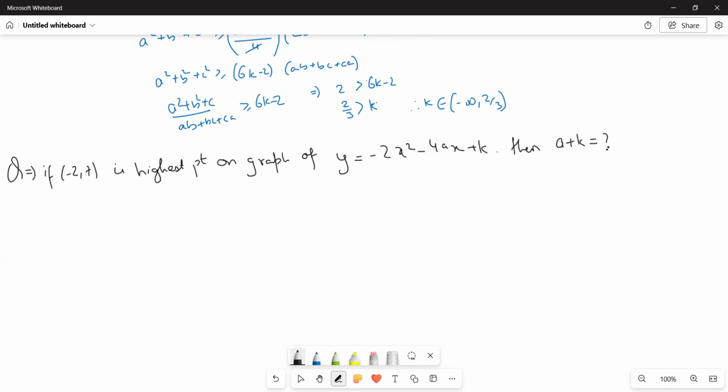If minus 2 comma 7 is the highest point on the graph, then a plus k is equal to?